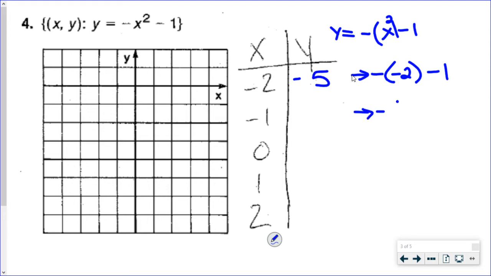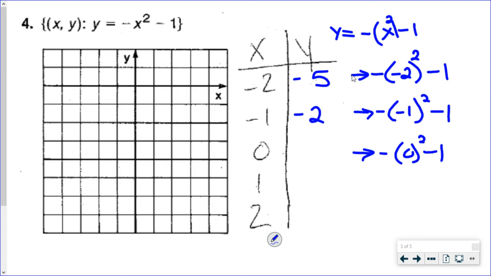Okay, I'm going to do the same thing. Oops, I forgot the squared. Now I'm just going to arrow over and put -1 in there, and I get a -2. 0 is easy. That gives me -1.